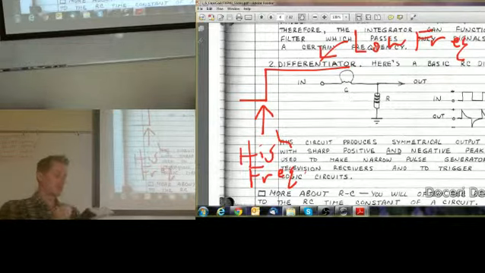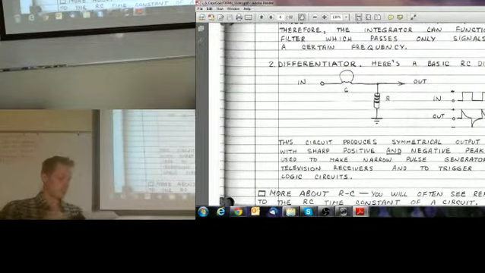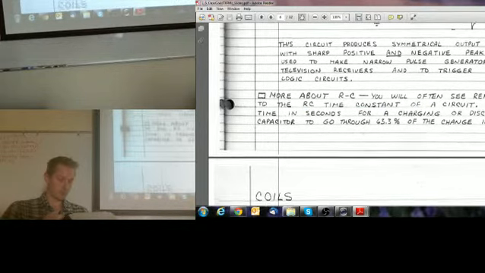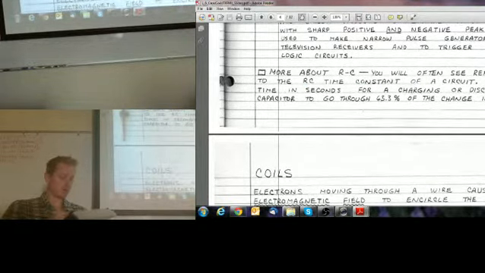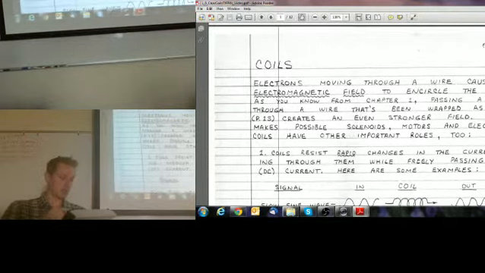Okay, so that's why it's called a high pass. Well, it doesn't really say it here, but this is a high-pass filter. We already talked about the 63% time constant. You multiply the R times the C and you get the time constant.